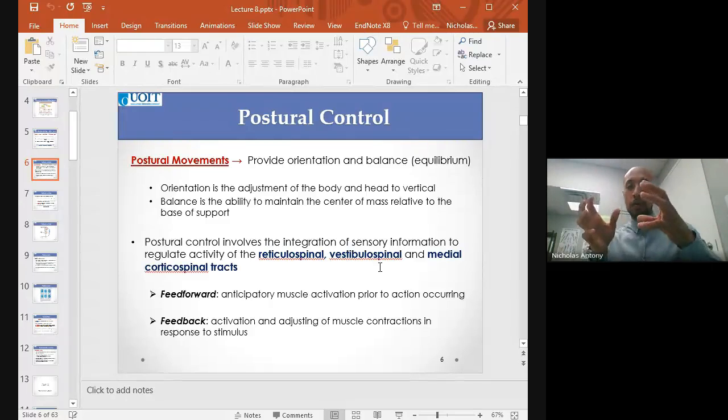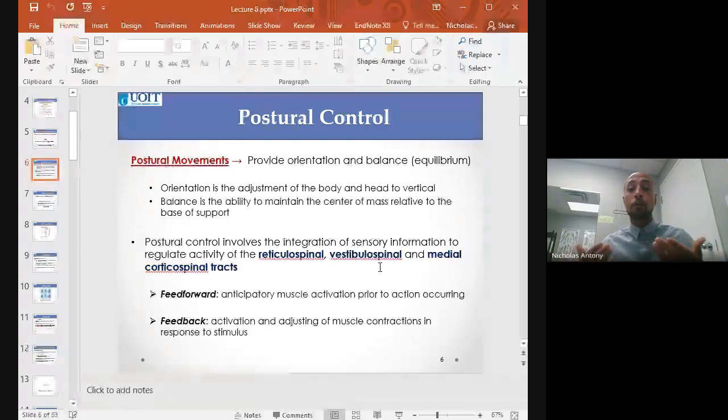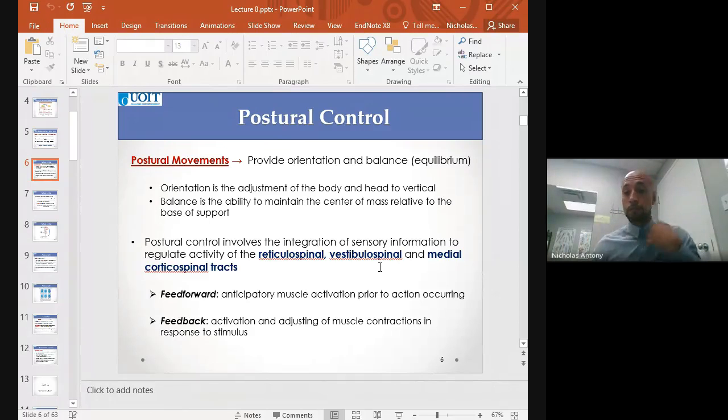As I turn my head, or as my head is in a different position, my traps and neck muscles and my back muscles are going to change the way that they're contracting to hold your head in that position. Right? So depending on which way your head's turned, you need a different activation of the neck and shoulder muscles. Does that make sense?